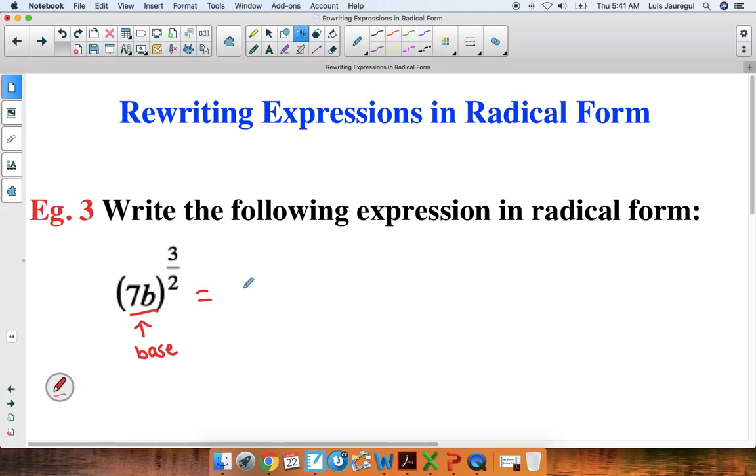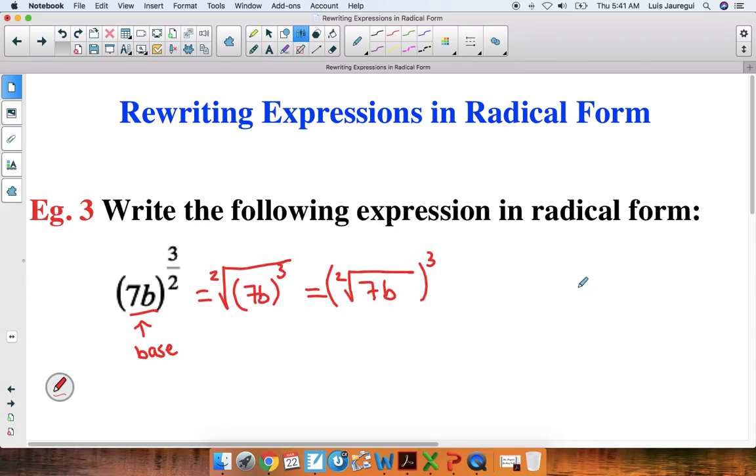Here I have 7b raised to the 3rd power, and then I'm going to take the 2nd root, or the square root of that. Changing the order, we can take the base 7b, take the square root of that, and then elevate that to the 3rd power.